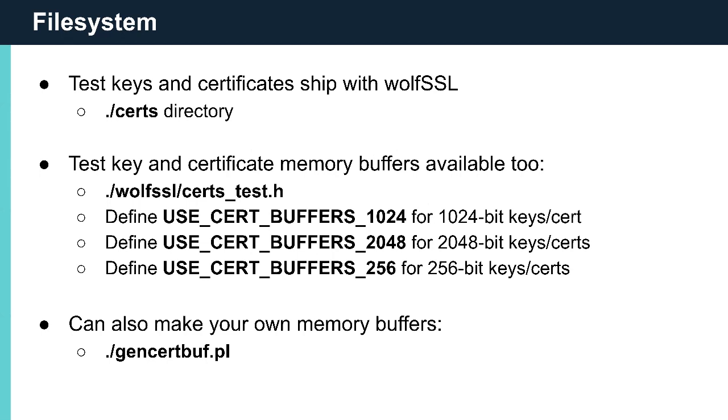We have 2048-bit RSA keys and certs if you define USE_CERT_BUFFERS_2048. And then we have ECC NIST P-256 keys and certs if you define USE_CERT_BUFFERS_256. You can also use the gencertbuf.pl Perl script or the dir2c.pl script to convert your own files to memory buffers or C arrays.